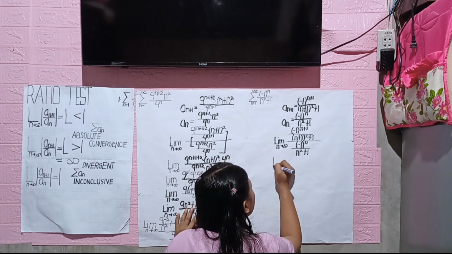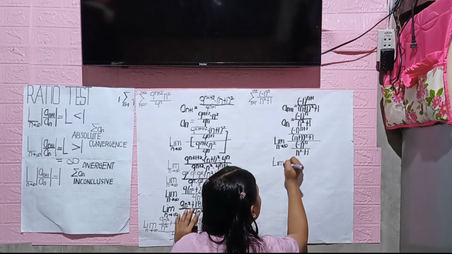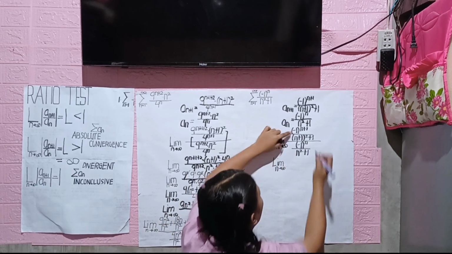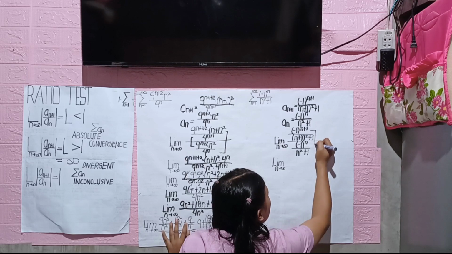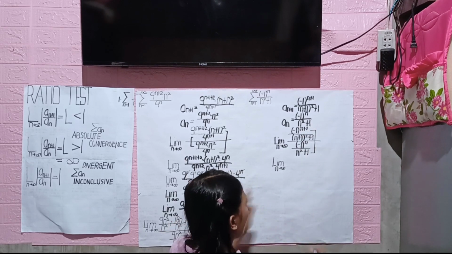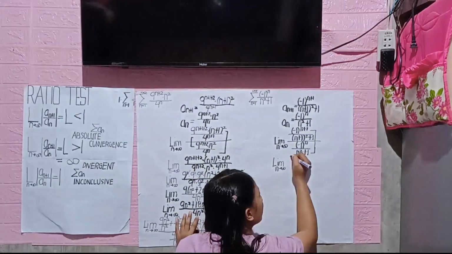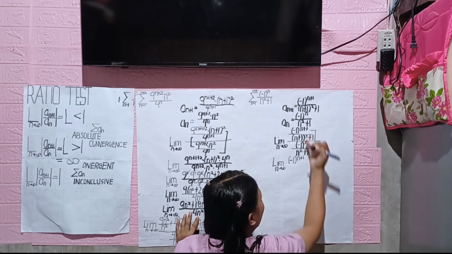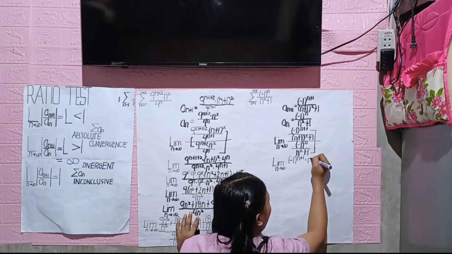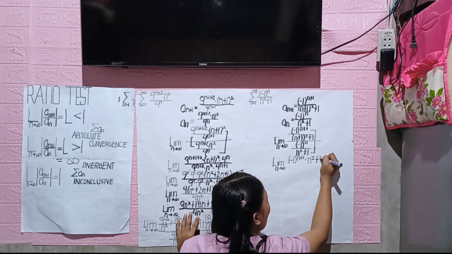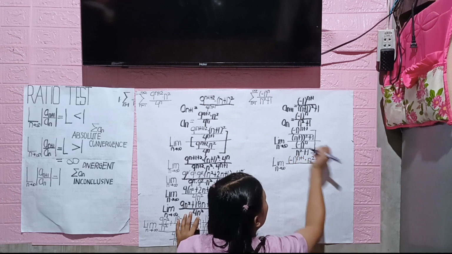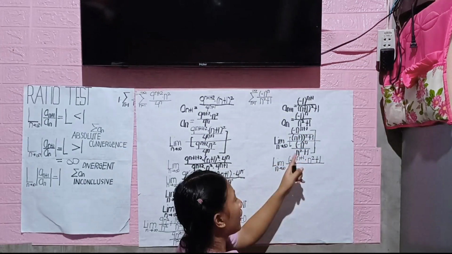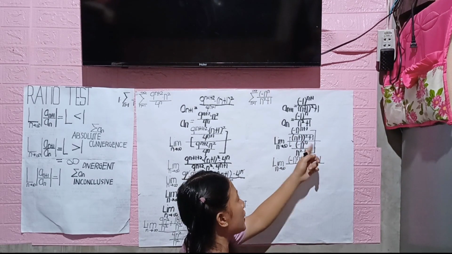So, limit of n goes to infinity. So, negative 1 raised to n plus 1 times n squared plus 1, divided by, so, n plus 1 squared plus 1 times negative 1 raised to n.